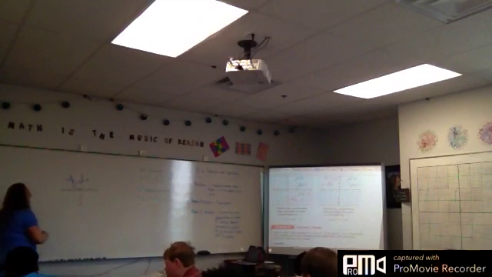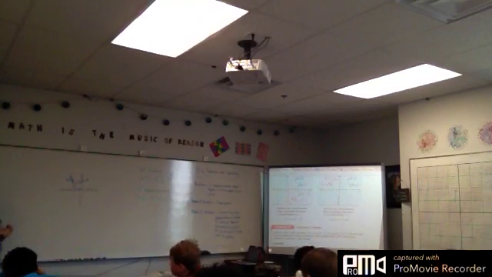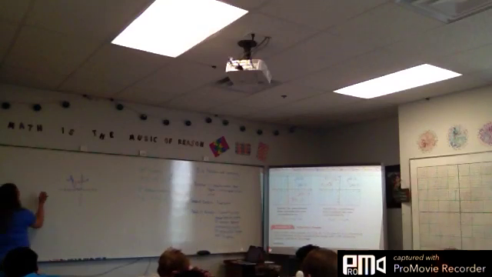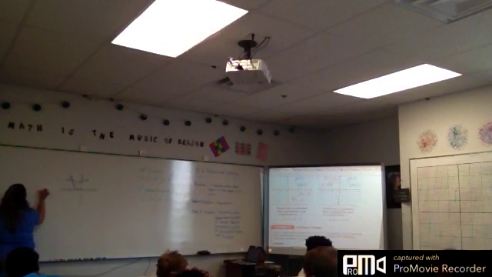So what would be the new coordinates if I'm going clockwise 90 degrees? Carter? What would A be? A would be 4, 3.